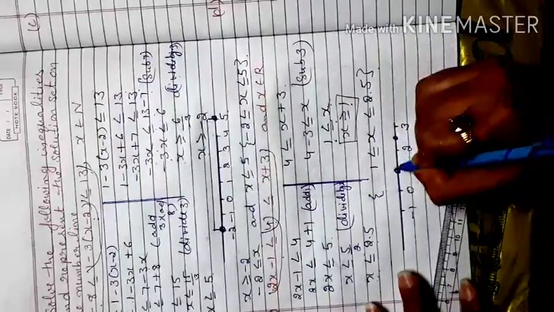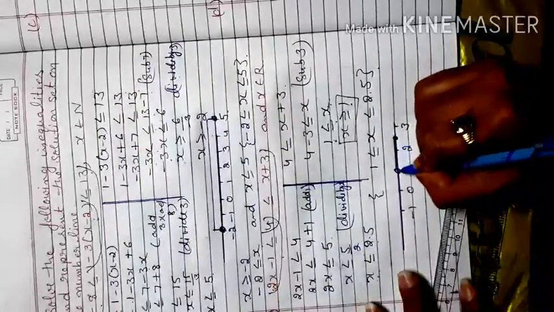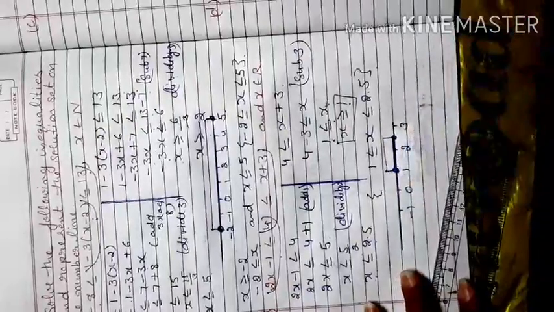You can also show with darker only this line or either show this way.